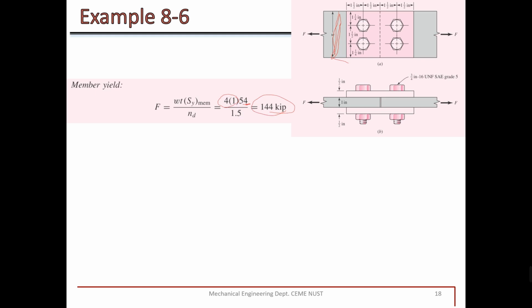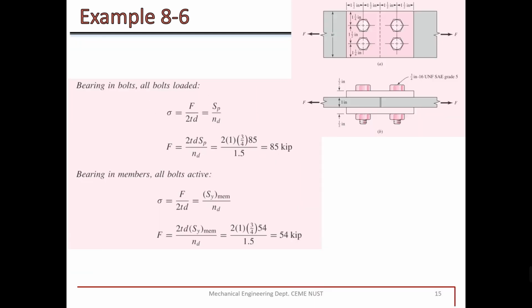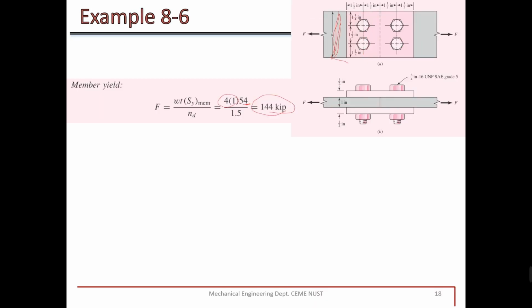It means that for all the other values we have calculated, they are far less than 144 kip. This plate yields itself at this point, at any cross-section. So this is the maximum force calculated. It is the method of calculating the stresses in the bolts.